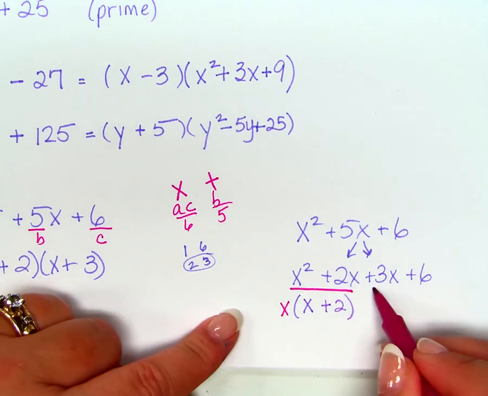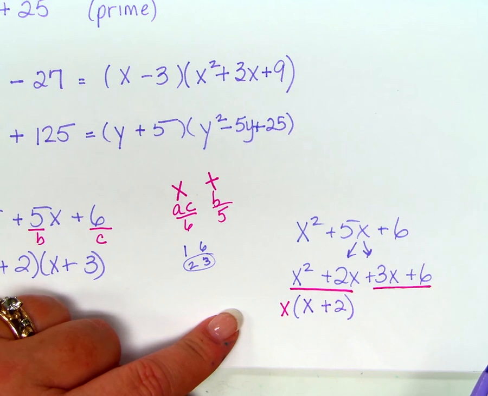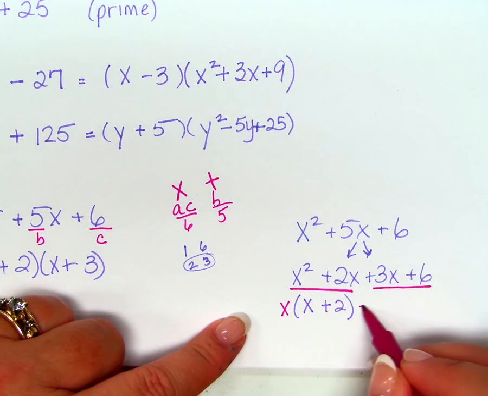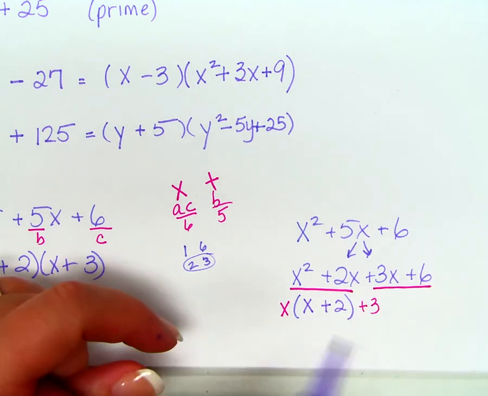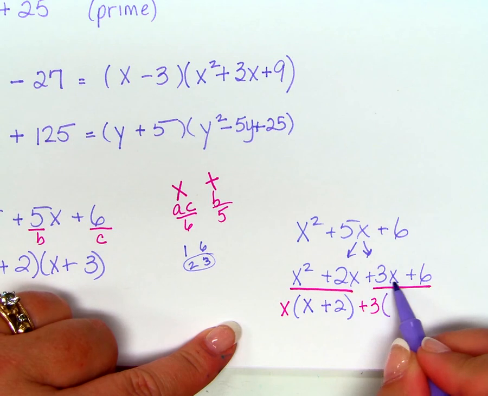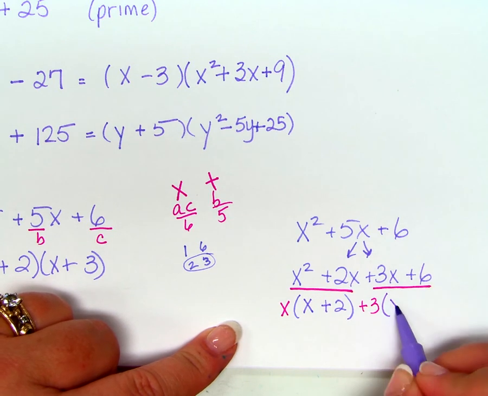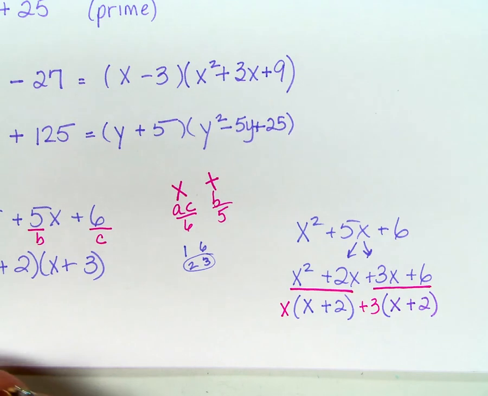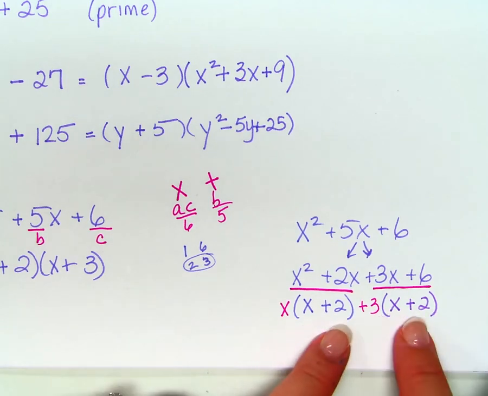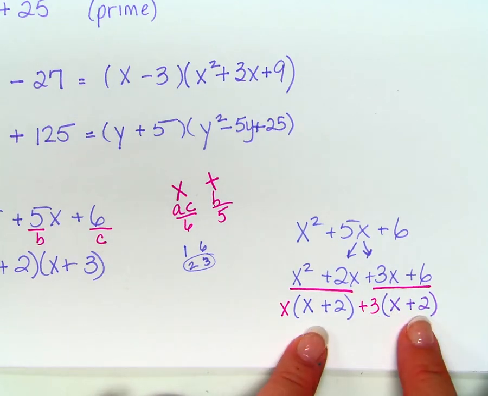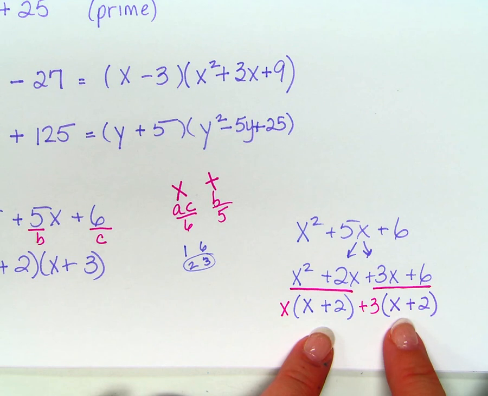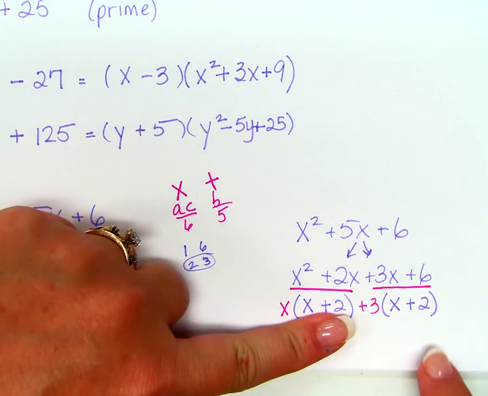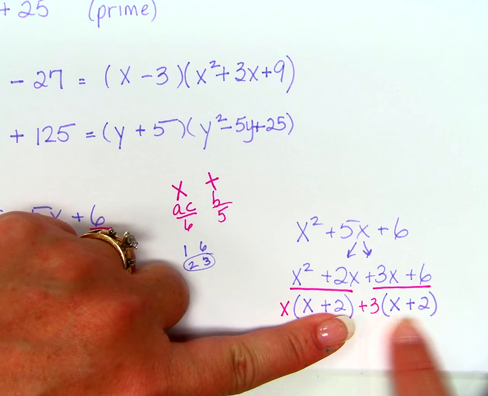Now I just look at the second two terms. What are they both divisible by? A 3. Then I factored out a 3. What's left if I factor out a 3? X plus 2. Now, do these two terms have a common factor? What do they both have? An x plus 2, right? See how this term right here has an x plus 2 and how this term right here has an x plus 2?